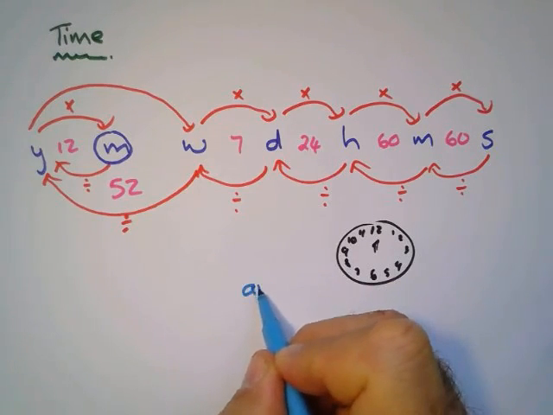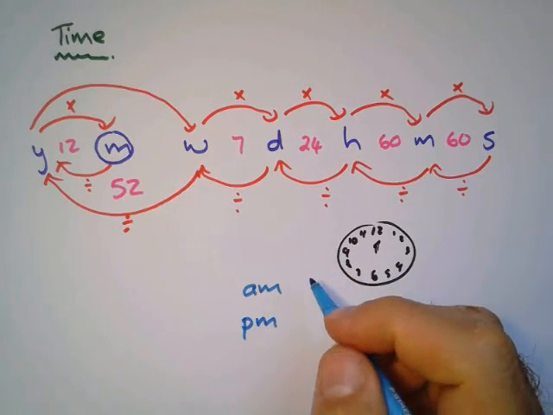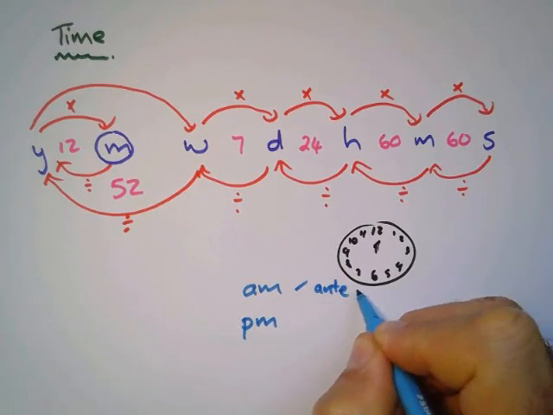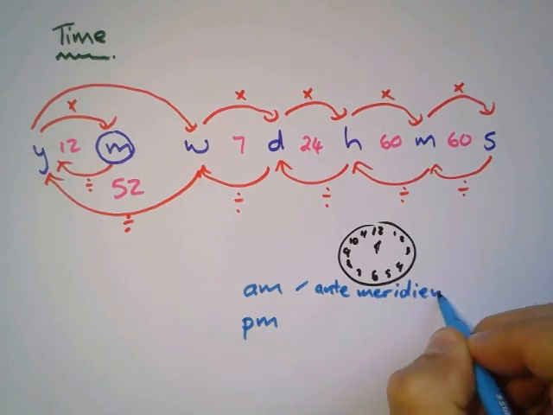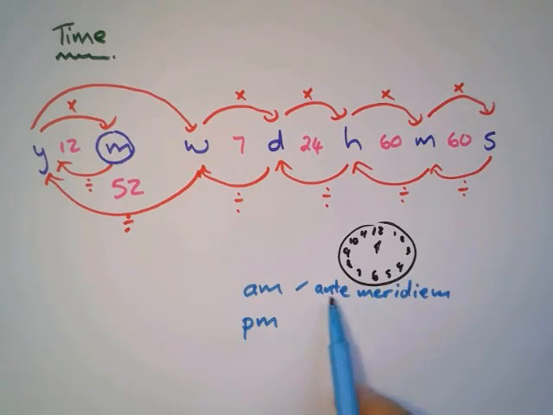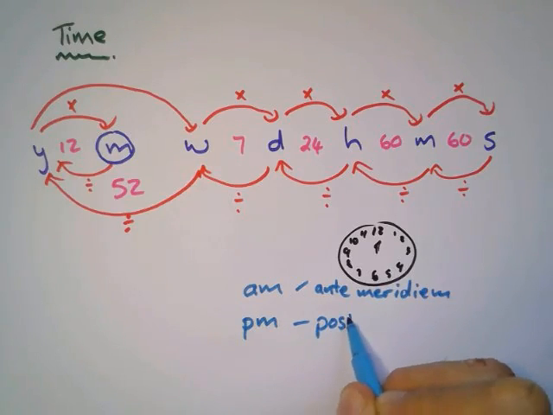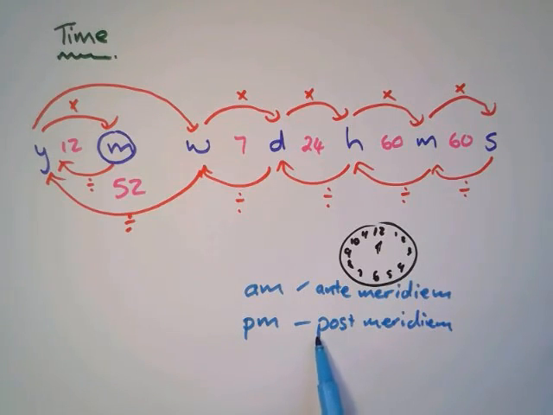AM and PM come from Latin words: ante meridian, which means before noon, and post meridian, which means after midday.